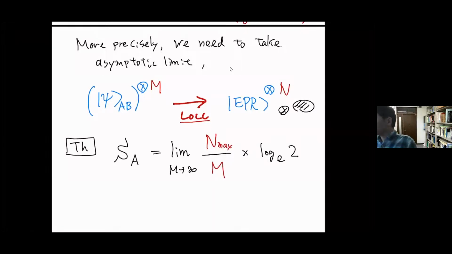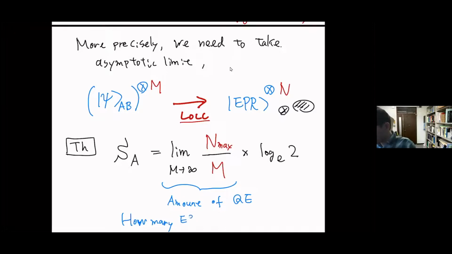Anyway, it is clear from this definition that this measures the amount of quantum entanglement, because it counts how many EPR pairs we can extract. So the question is how many EPR pairs can be distilled, or extracted.